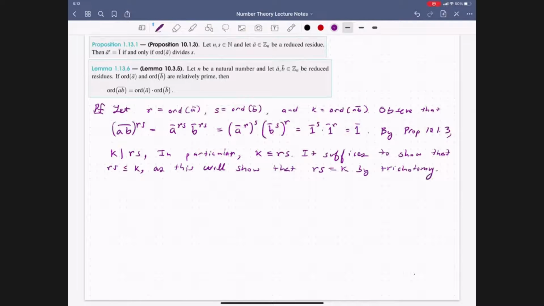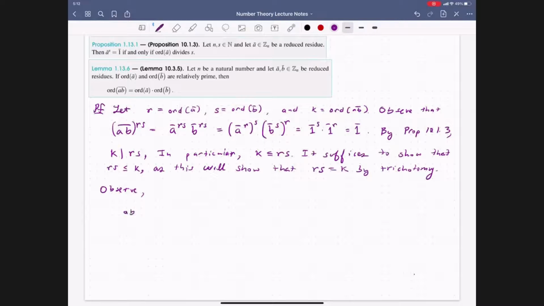So how do we go about showing this? The key thing is, we're going to go about the same way that we did over here in a clever fashion. So here's how. We're going to observe the following. I'm going to do two different equations.